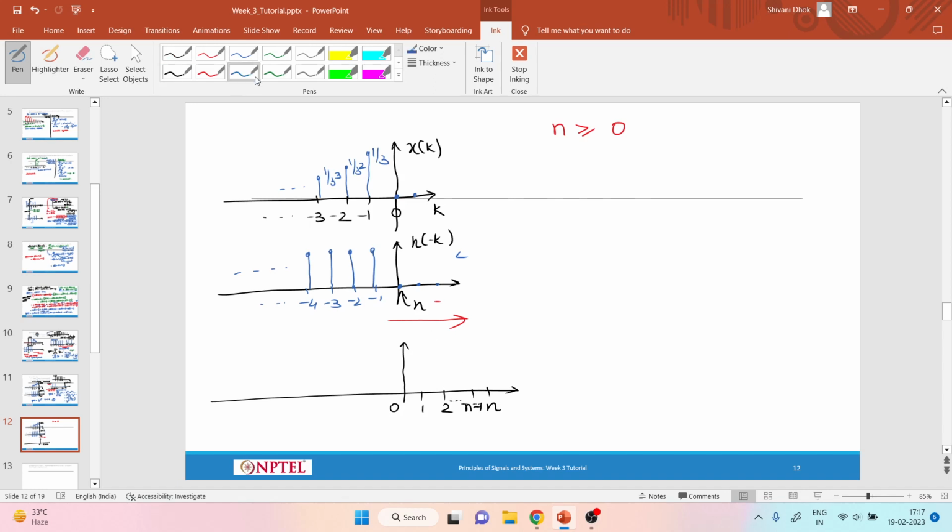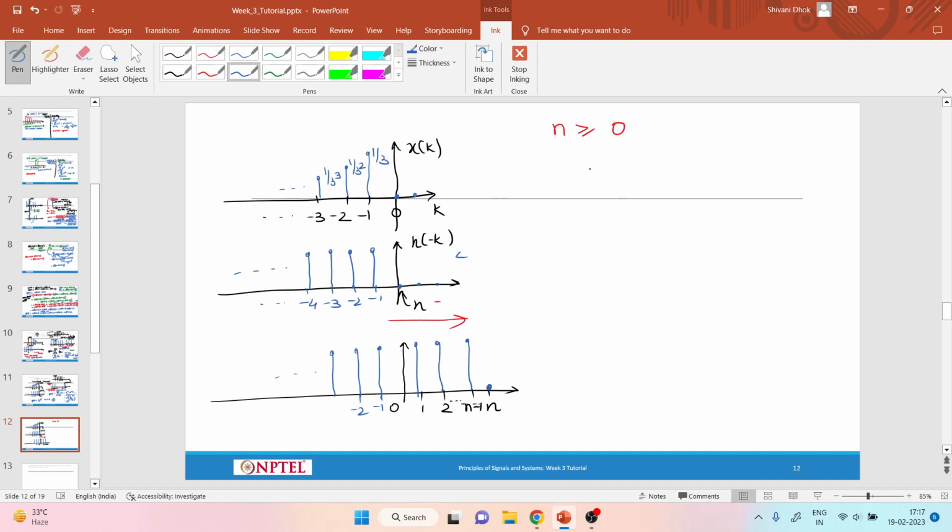So here I'll be having 0 because at n equal to 0 I was having 0. Then I'll have 1 here, 1 here, 1 here, and this will just continue till minus infinity like this, and so on.